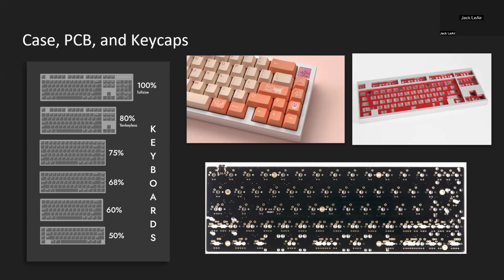And it's important when you're picking your parts, like a PCB, that it's compatible with your case, because not all cases or PCBs are compatible with each other, but all keycaps are compatible with all switches.